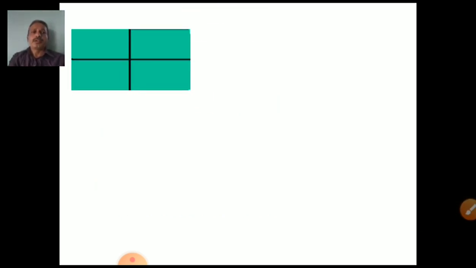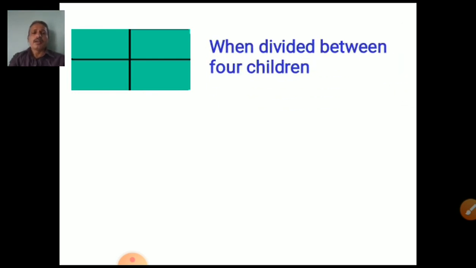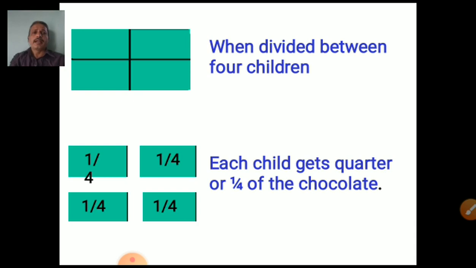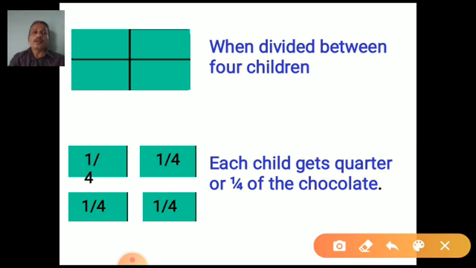Here one picture is cut into 4 equal parts. So each part will represent 1 upon 4 when divided between 4 children. Suppose this is a cake. So each student will get 1 upon 4 part of the cake. Each child gets a quarter, 1 upon 4, of the chocolate or cake.